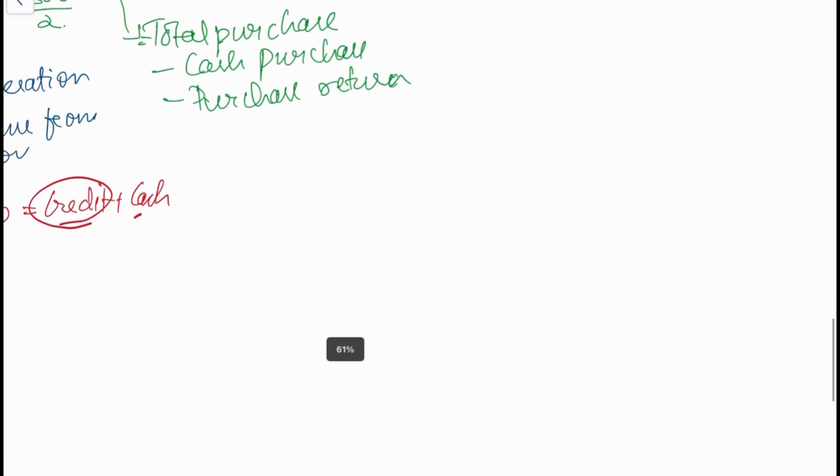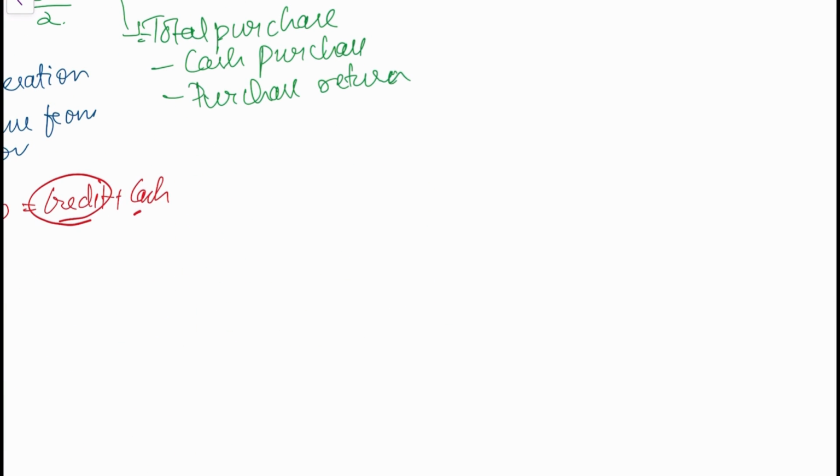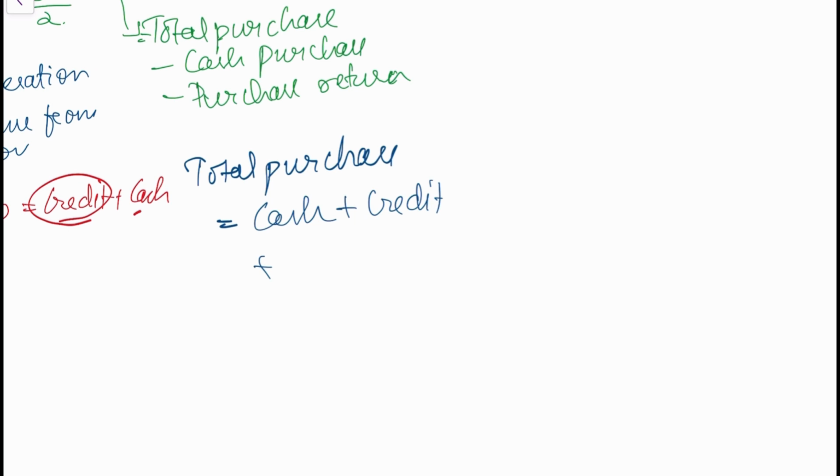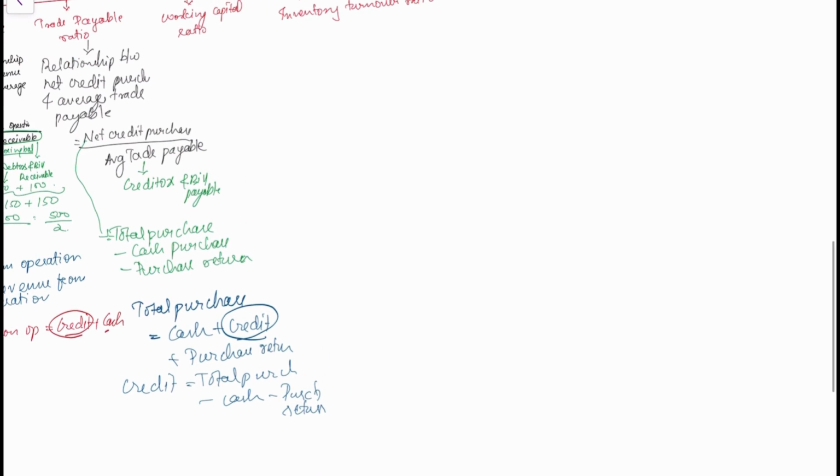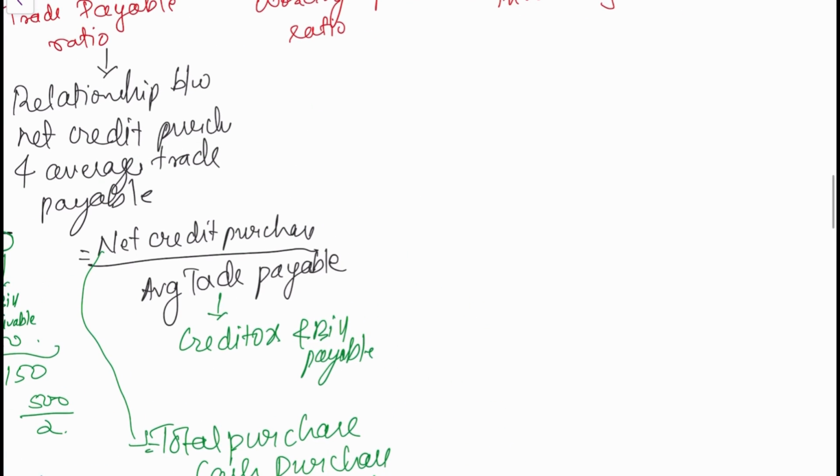Here also you have to keep one thing in mind, that total purchase is cash purchase plus credit purchase, plus if there is any purchase return, then we will add that also. Okay, so credit is equal to total purchase minus cash minus purchase return. Okay, so we have completed trade payable ratio also.